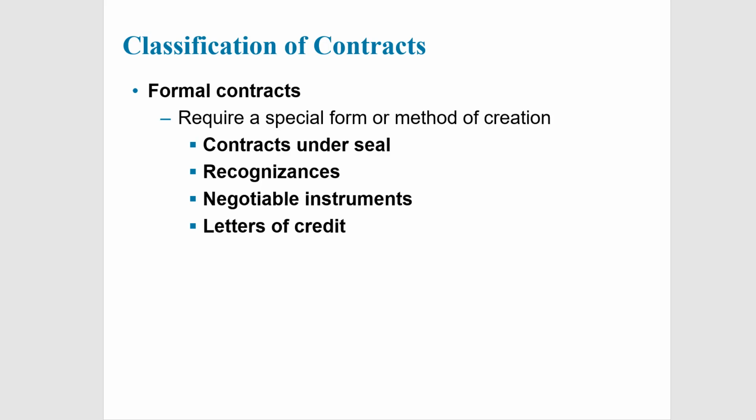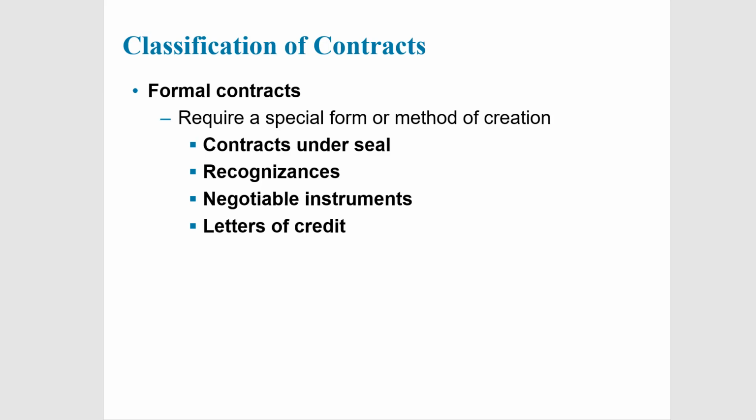Getting back here, so formal contracts, we have contracts under seal, we have recognizances, which you might hear about somebody being released under their own recognizance, which would be, you're in the court and they tell you, do you agree to the terms of this? In other words, in a specific example, do you agree to be back in court on this date?